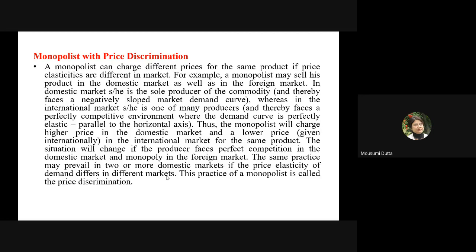Here, I hope you are understanding that the elasticities are varying. In the domestic market, the demand is comparatively inelastic, whereas in the foreign market, it is perfectly elastic because the demand curve is parallel to the horizontal axis.